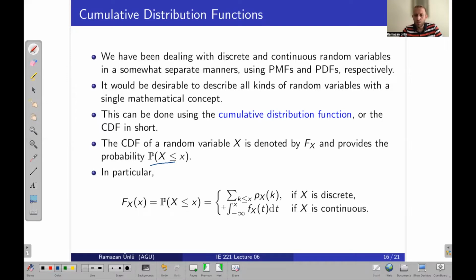And if X is a continuous random variable, that will be the integration of f of x over the limits from minus infinity to x. Okay, so this is the CDF.